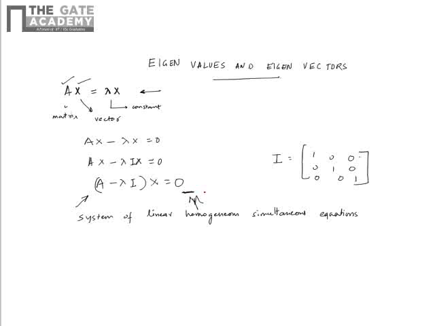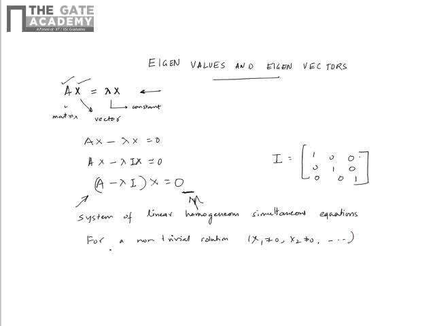Now we know that for a non-trivial solution, the trivial solution here means x1, x2, till xn are all 0. For a non-trivial solution, that is x1 not equal to 0, x2 not equal to 0, something like that.